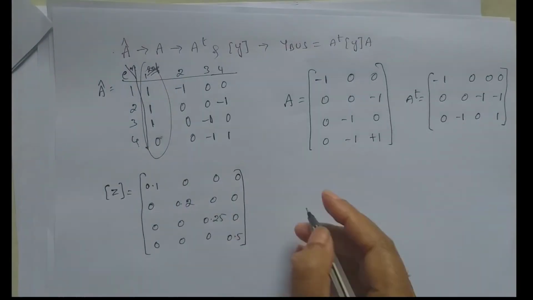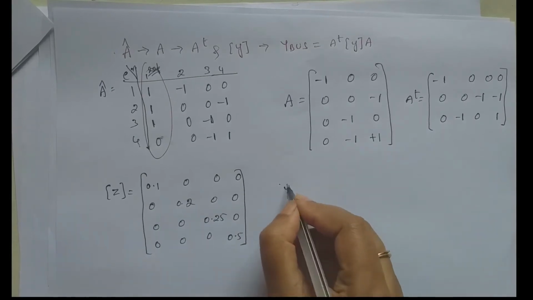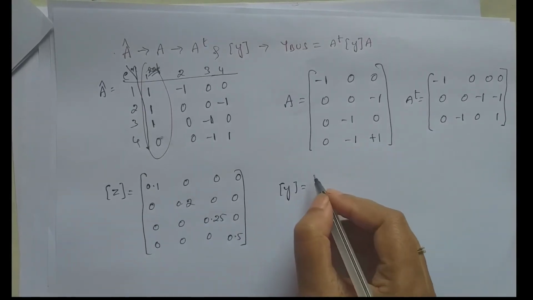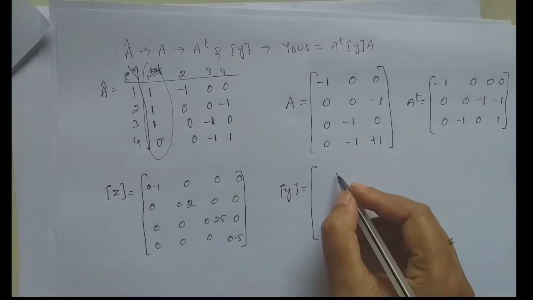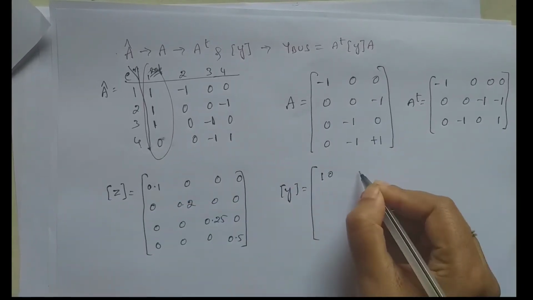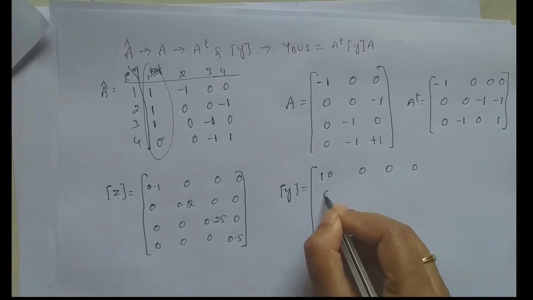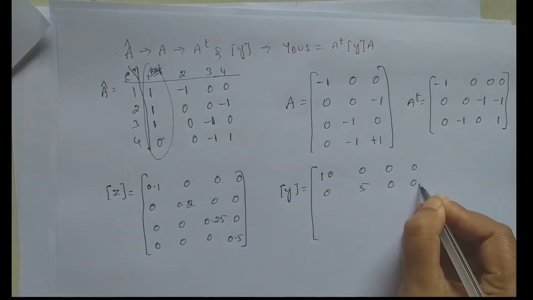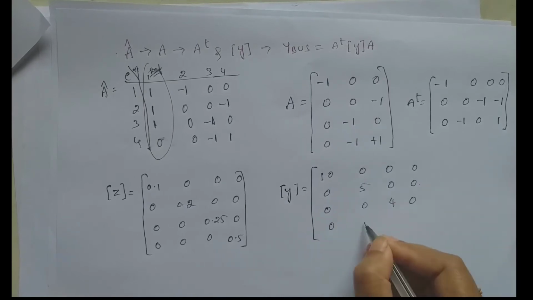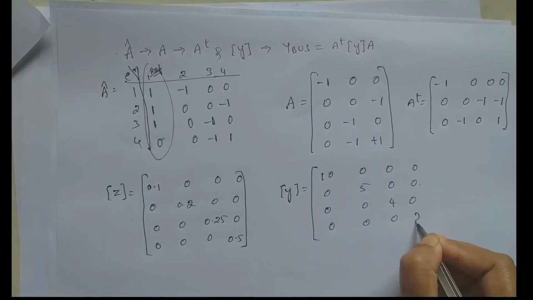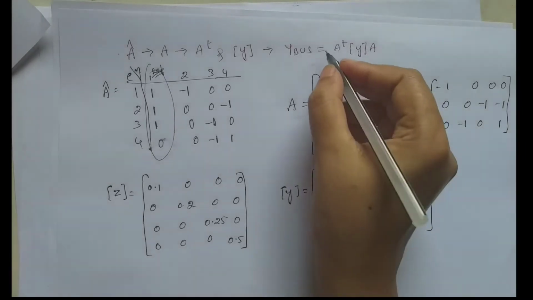We have to convert from Z to Y. Y is equal to the inverse: 10, 0, 0, 0, 0, 5, 0, 0, 0, 0, 4, 0, 0, 0, 0, 2.